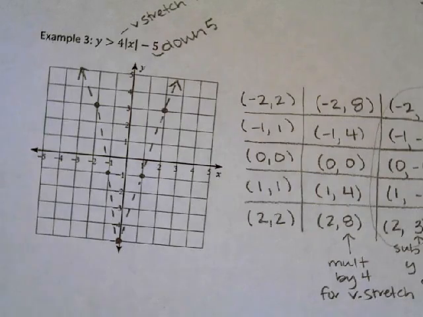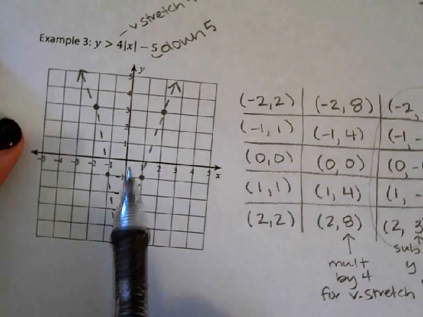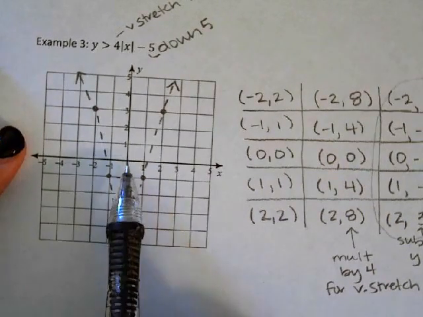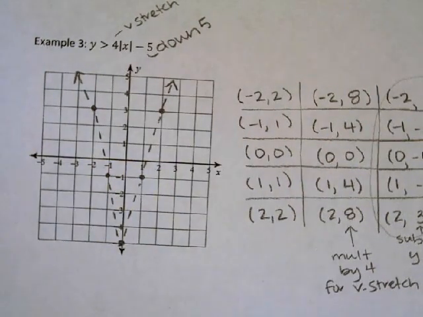So if we plug in the point 0, 0, then that would be considered the inside of the V. So we're going to say the inside of the V is either true or false, and then the outside of the V is either true or false. Does that make sense? So we're not going to say up versus down or left versus right. We're going to say inside versus outside. Okay? So let's pick 0, 0 because we're lazy and it's easy to plug in.